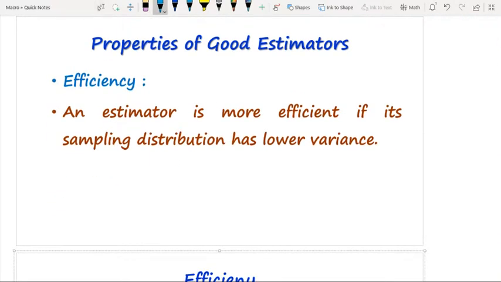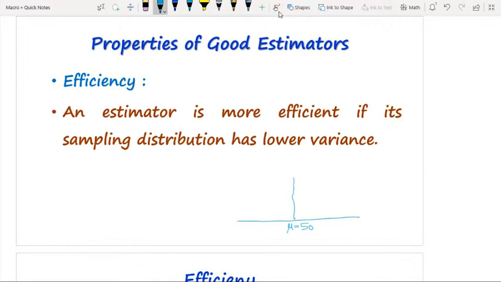The next property of a good estimator is efficiency. The efficiency property is related to the degree of certainty or uncertainty of the estimate. For example, to continue with the previous example, suppose the population mean is 50.